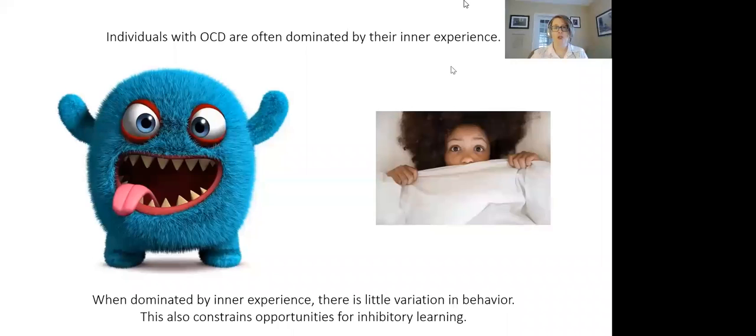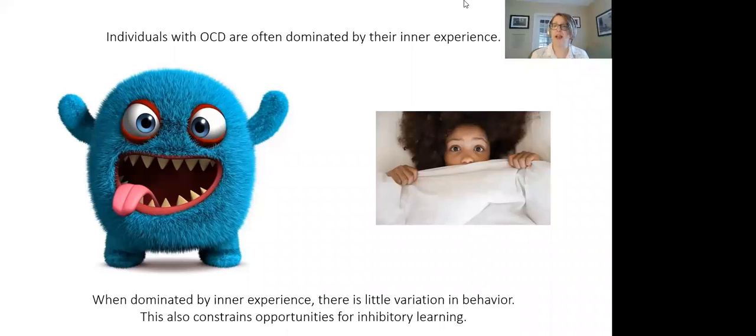So one of the things that we notice is that when folks have had OCD for a while, they're really dominated by their inner experience, right? That focus on stuff they're trying to avoid that shows up inside their skins, really aversive private events, is dominant, and they're not noticing much else in their environment.